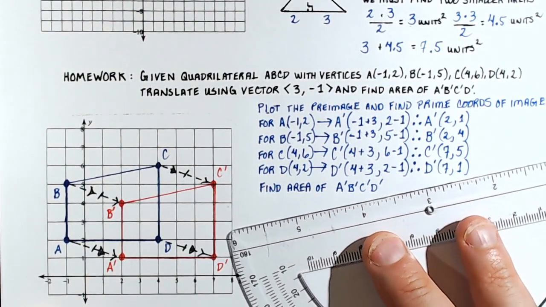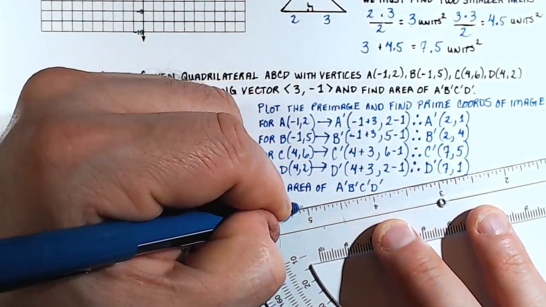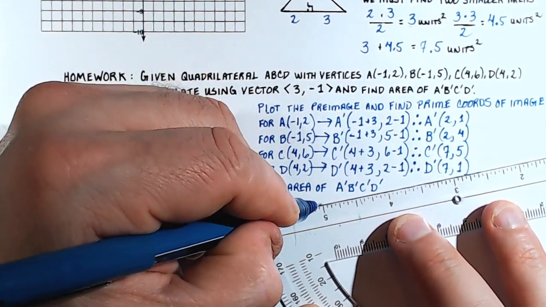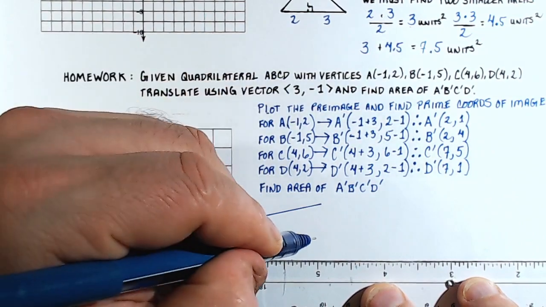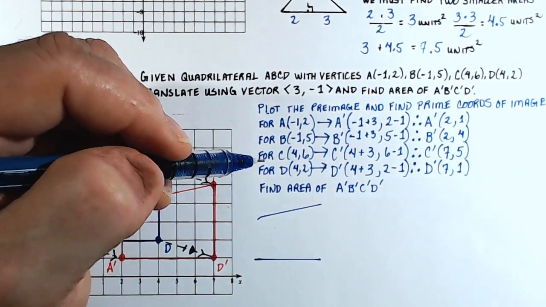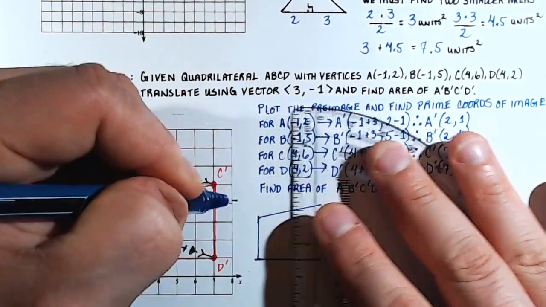Let's draw a little picture to represent this situation. This is a rough approximation of what the shape looks like on the coordinate plane. It just helps to sketch it out a little bit.